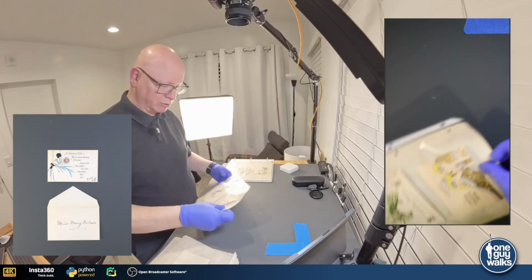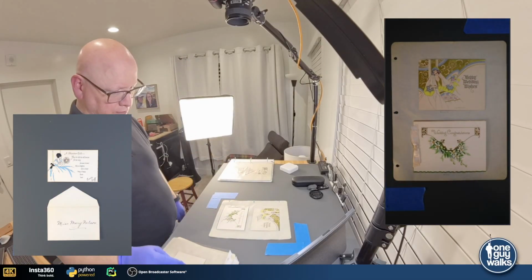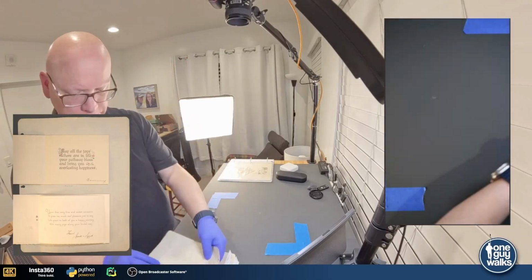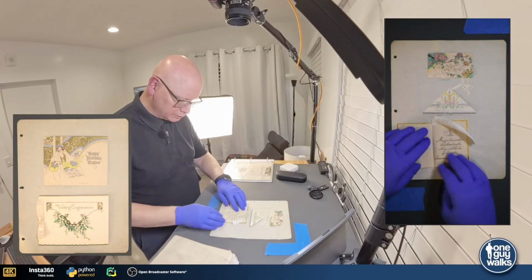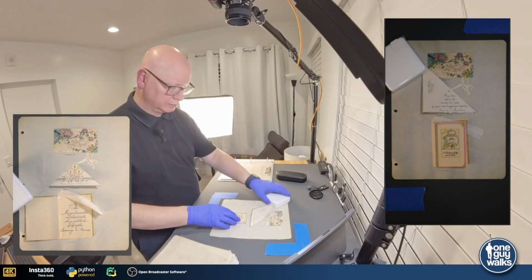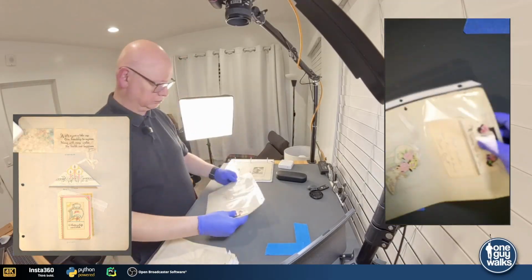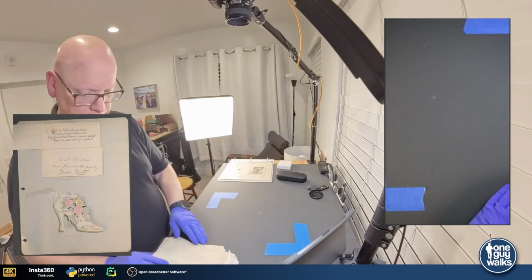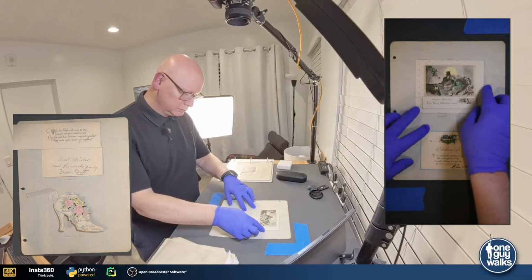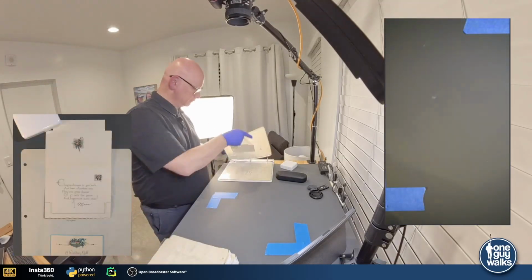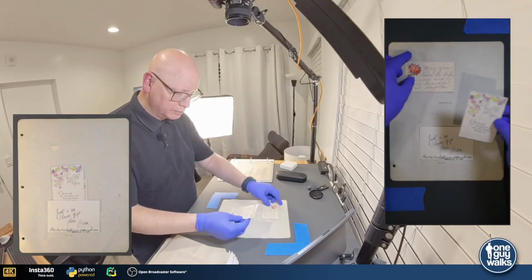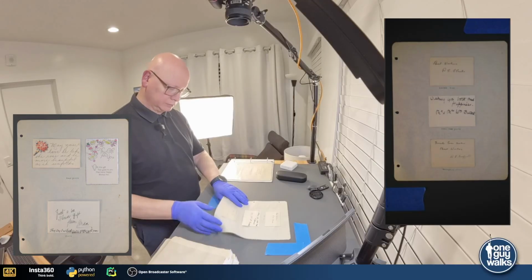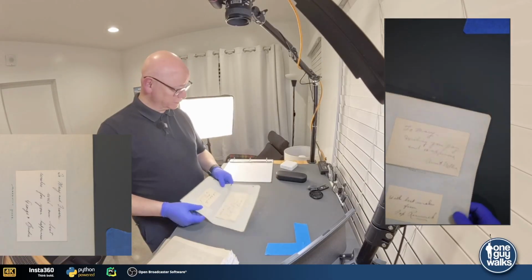More to go here, almost at the bottom of binder 1. That brings us to the end of the first binder.